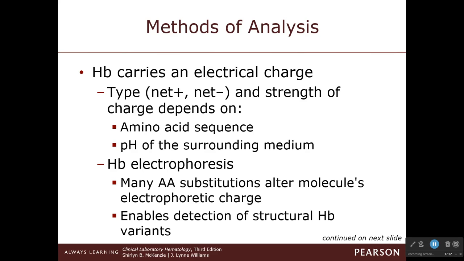This is diagnostic. Listen to me. If I ask you a question, how do we diagnose hemoglobinopathies? You're going to tell me hemoglobin electrophoresis. There are screening tests that we do all the time in the lab. They're solubility tests. They are not diagnostic though. They are screening tests.